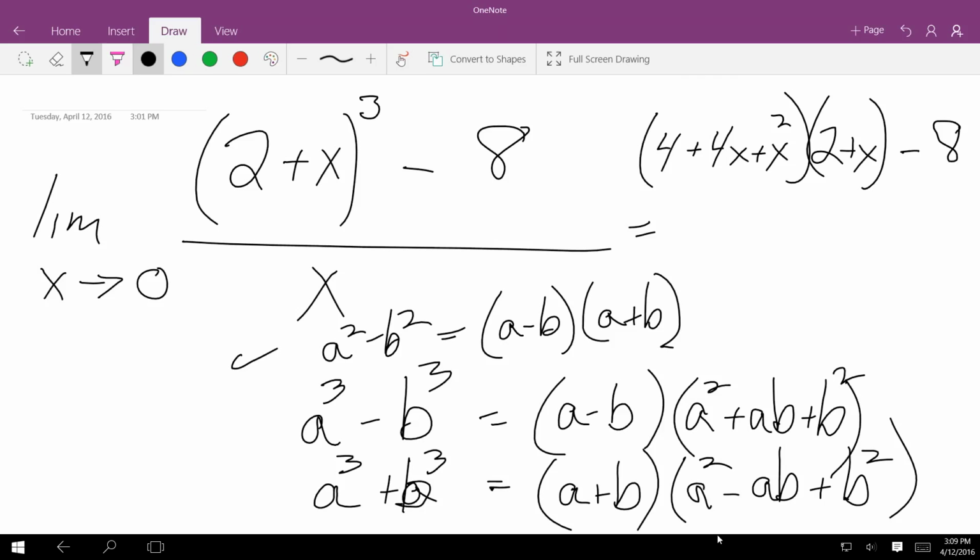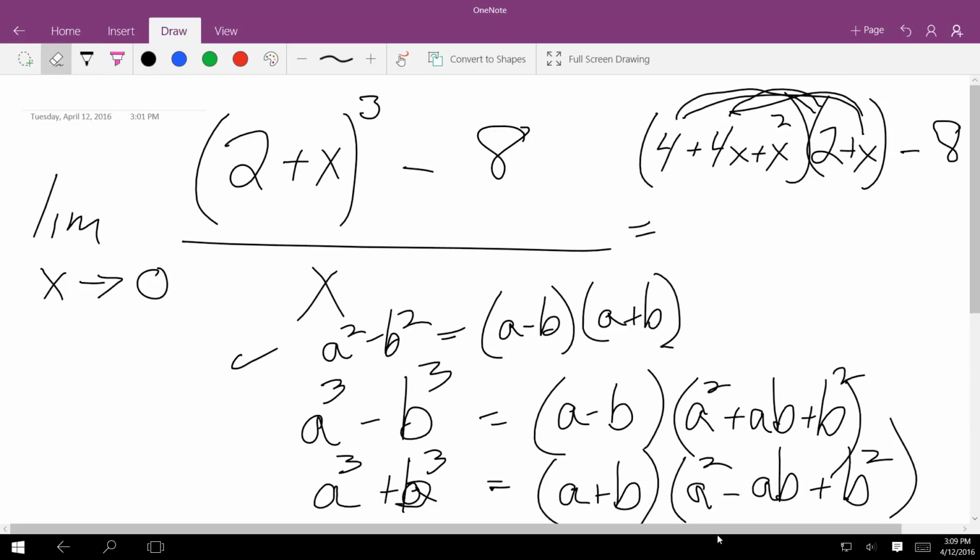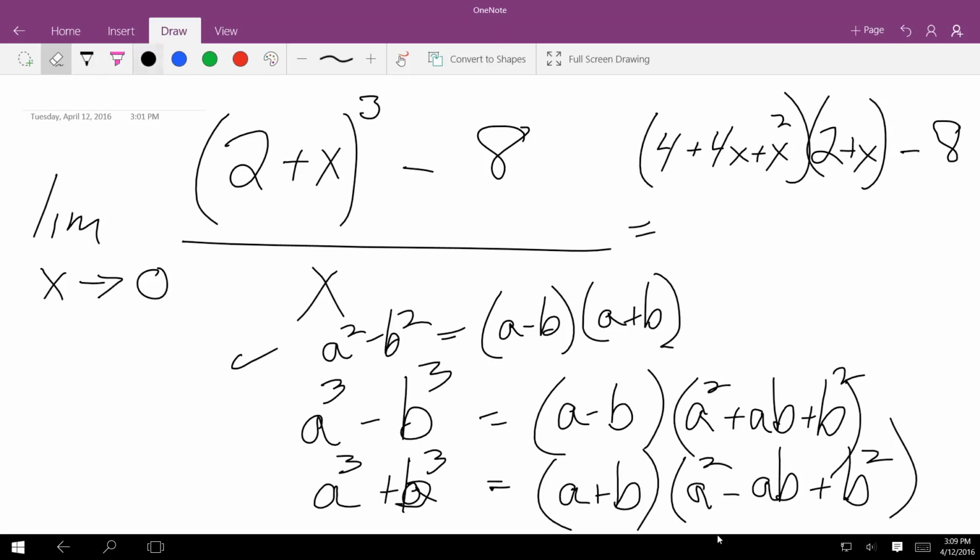ET means I'm going to take that, multiply it by that, and then by that, and then I'm going to take that term, multiply it by that, and by that. In other words, every term is going to be multiplied by every other term, and you're going to add them all together. So let's do that.